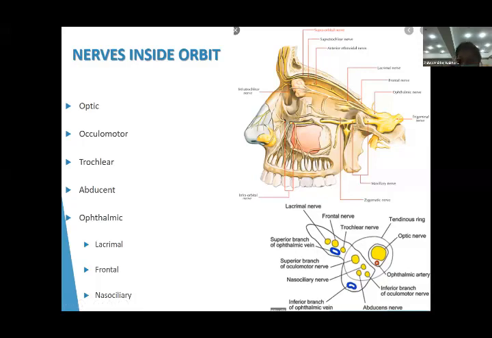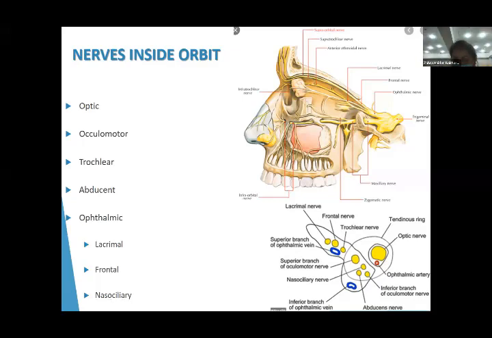So I repeat once again, you have the optic nerve, the second cranial nerve, you have the oculomotor, the two branches of the oculomotor, third cranial nerve, superior branch, inferior branch inside the orbit. Then you have the fourth cranial nerve, which is the trochlear.